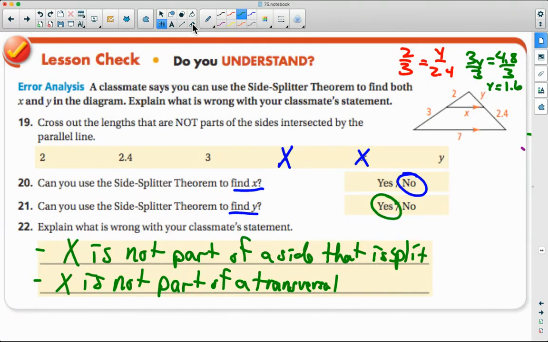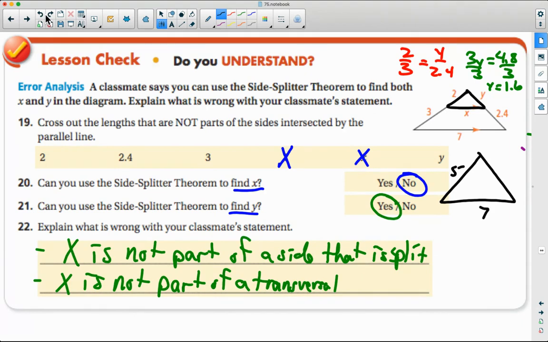Now, how about x? Well, as we said when we finished this problem, x is not part of a side that's being split. However, we have two similar triangles. We have that triangle right there, and then the big triangle has a side of 5 and a side of 7.